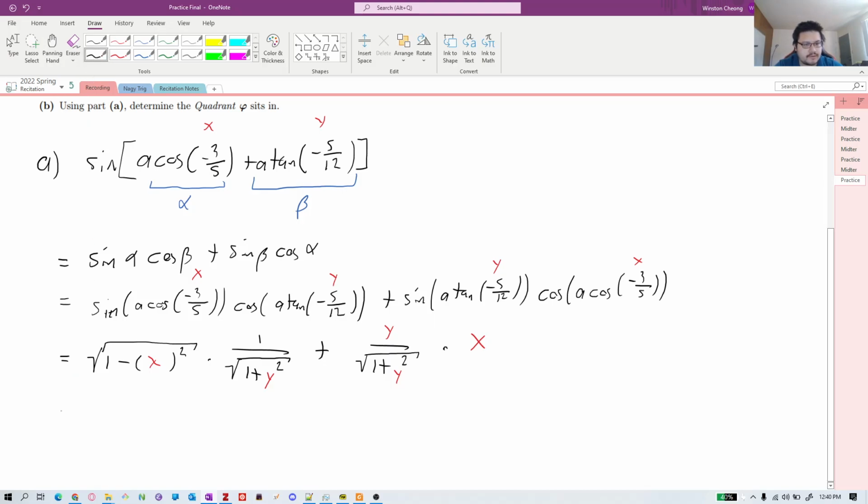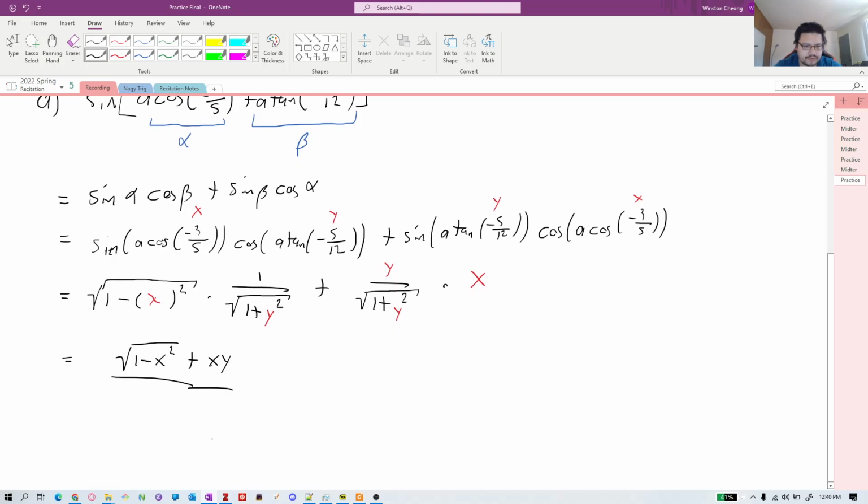Let's see, because there is a common denominator. I see that, and I can add these things together. So square root of 1 minus x squared plus x times y all over the same denominator of the square root of 1 plus y squared.